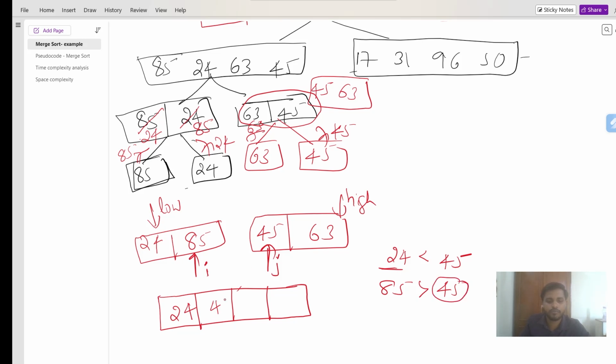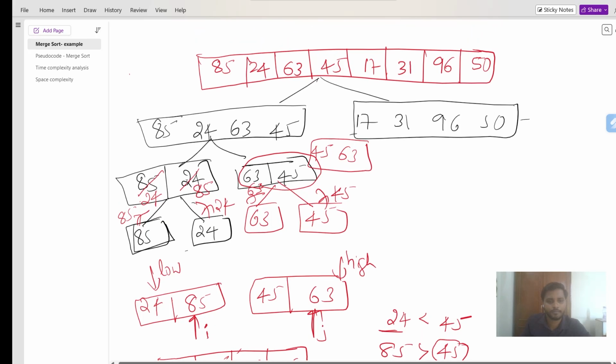So I place 45 here and increment my j pointer. Again, 85 is compared with 63. Since it is greater, 63 is placed first, then 85. This is how the merge procedure is performed.